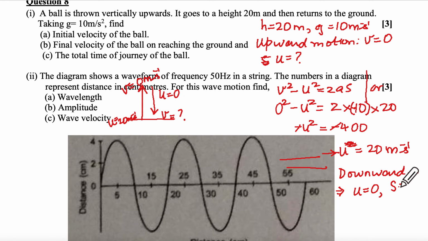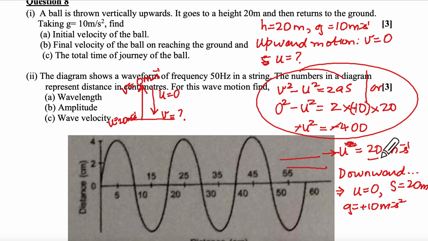Now the distance is still going to be 20 meter only and g is going to be equal to plus 10 meter per second square. So you will do the same thing and you will get 20. Okay, v will be equal to positive 20 meter per second. Understanding? Yes, ma'am.